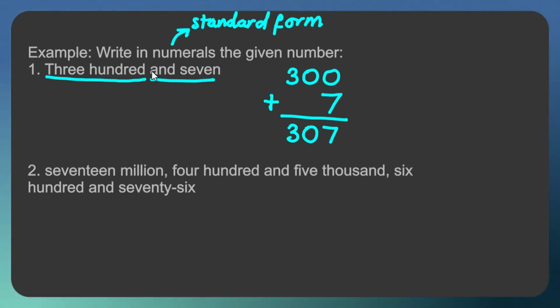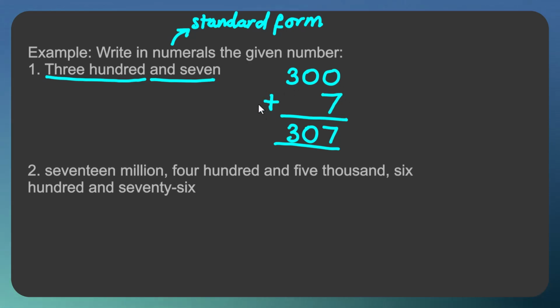Take note that when you're writing this, you want to start from right to left. So 0 plus 7 gives you 7. You bring down your 0 and you bring down your 3. So this is how we write our words and convert them to numerals.